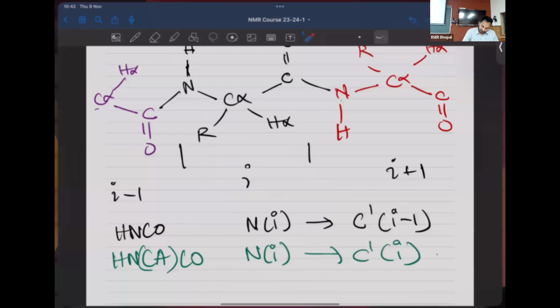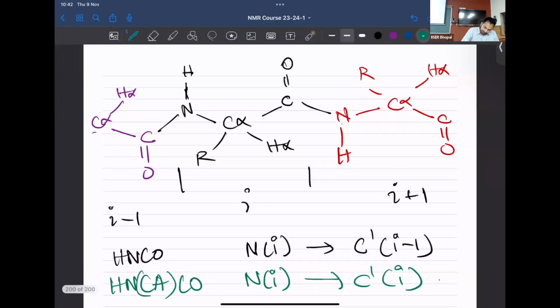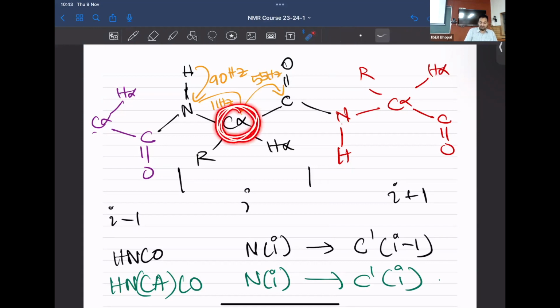So what's going to happen? You're going to jump from 90 hertz. That will set the 1/2J delay. This one to this one is 11 hertz. This one to this one is 55 hertz, right? The important aspect of this is that although you jumped via the carbonyl, you will not do frequency labeling on this C alpha because that spends time on it, isn't it?